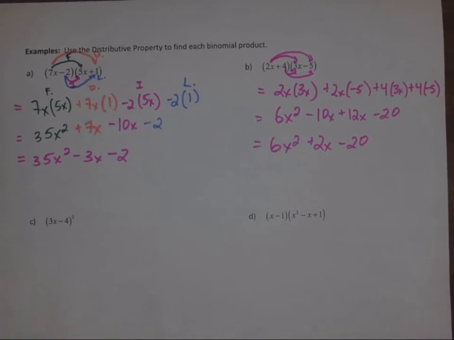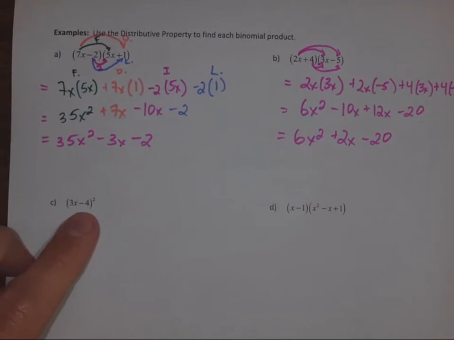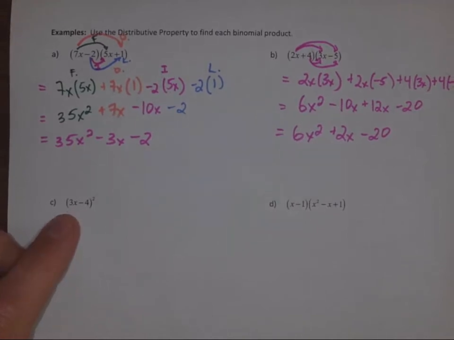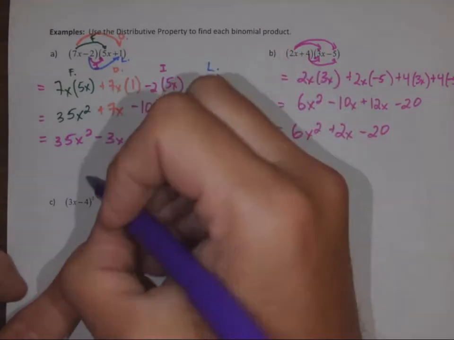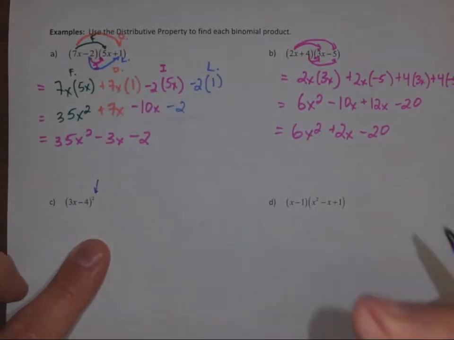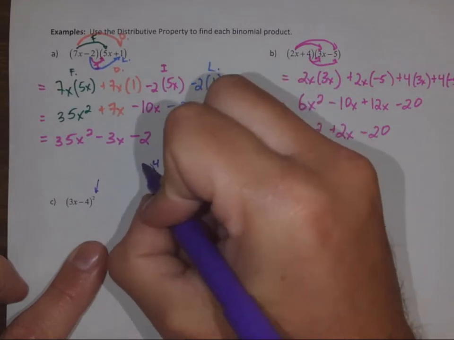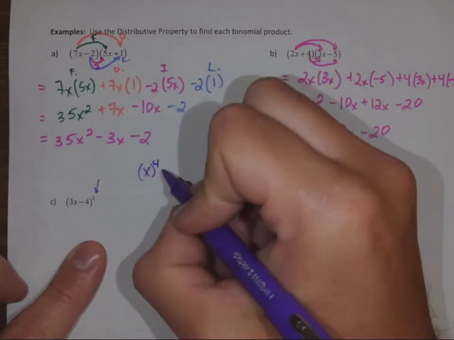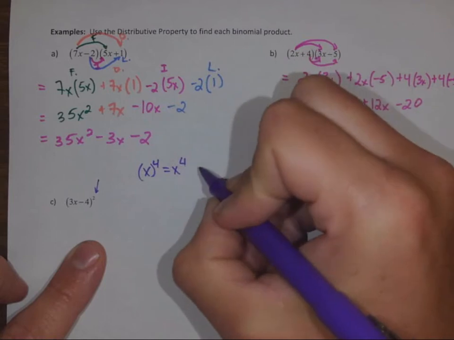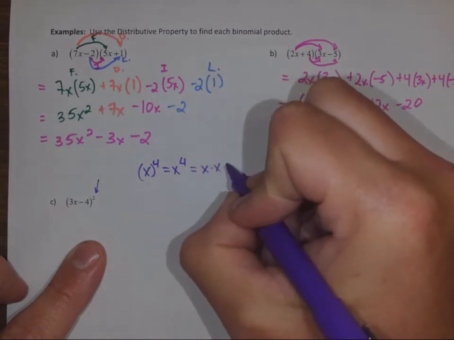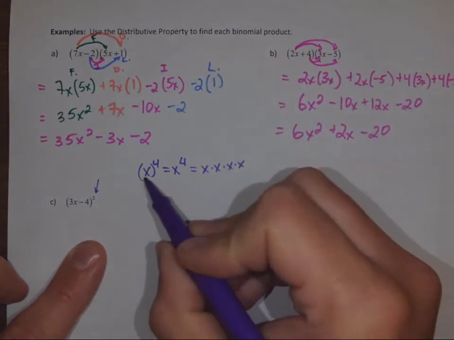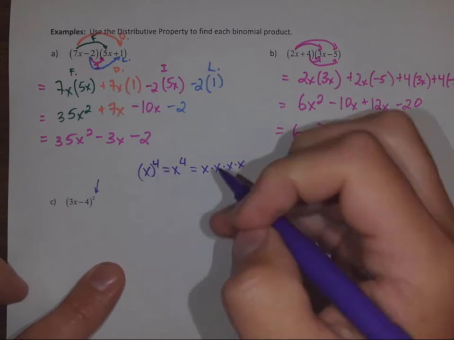As we continue, there's a little bit more challenge here. If you can see that 3x minus 4 all squared, that might throw us off. Remember that x exponent 4 is really x times x times x times x. So what's in the bracket, 4 times.